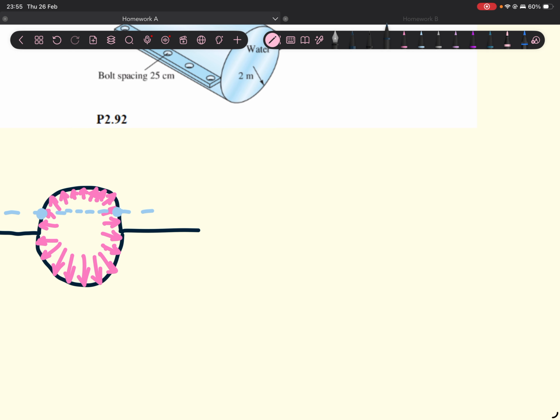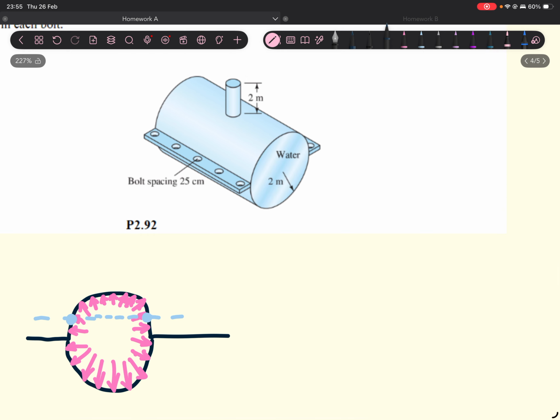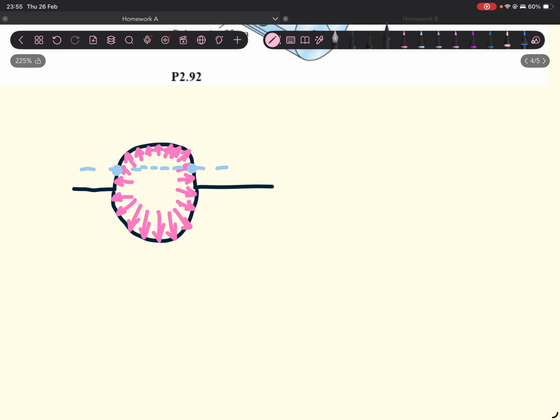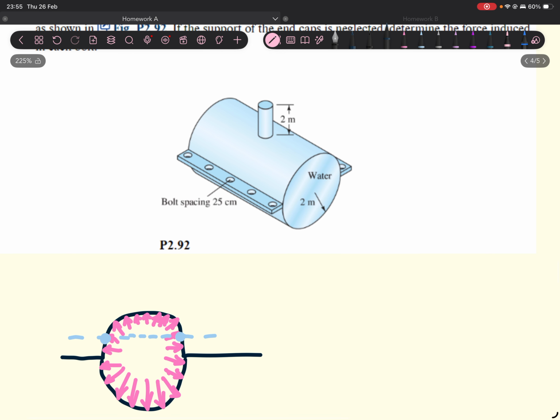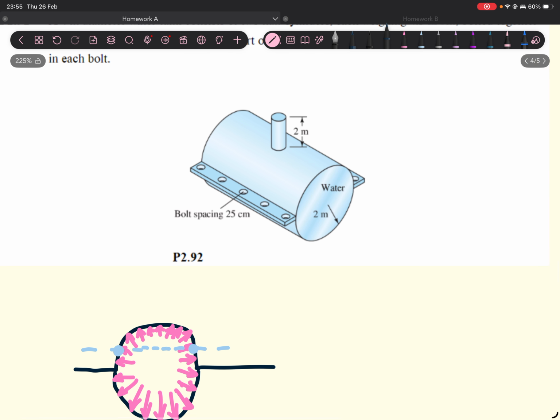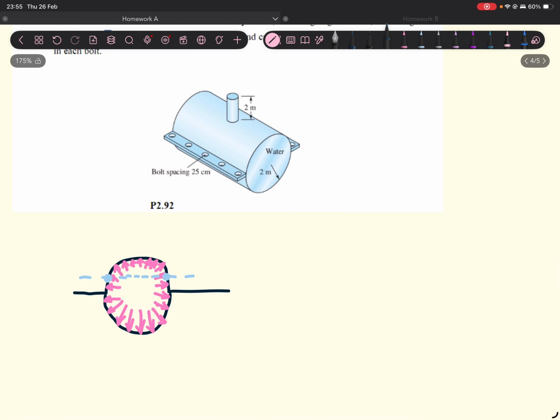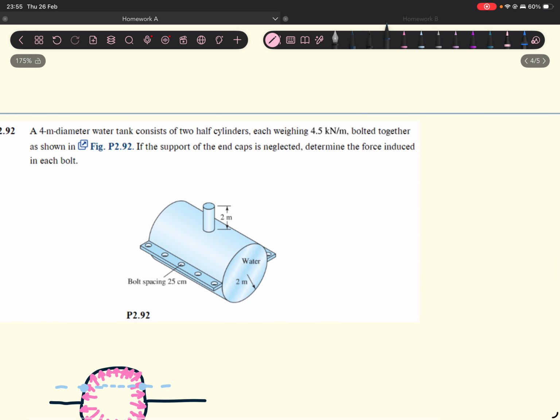So that's the thing that's actually putting stress on your container or whatever you're dealing with. I hope that makes sense. So when dealing with these kind of questions, you want to first look at a section of fluid, and then from there you transfer the resulting force onto the body you're working with.